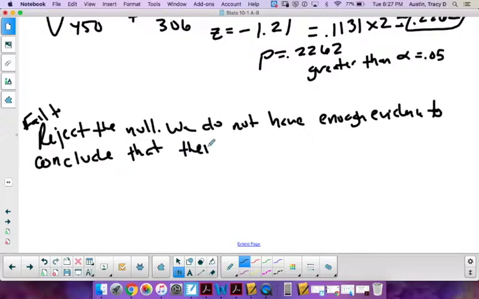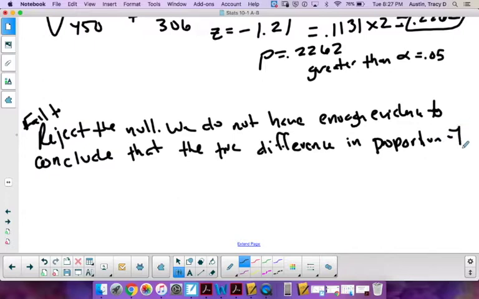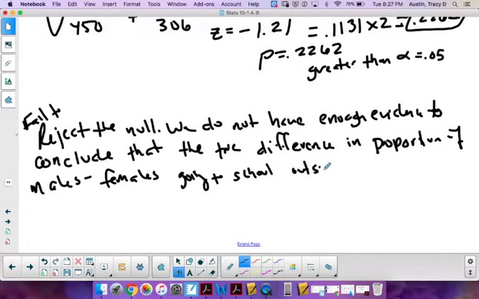So we do not have enough evidence to conclude that, actually, you know what? That the true difference in proportion of males minus females going to school outside of Texas is anything other than 0.